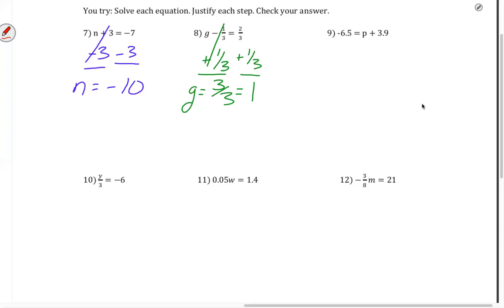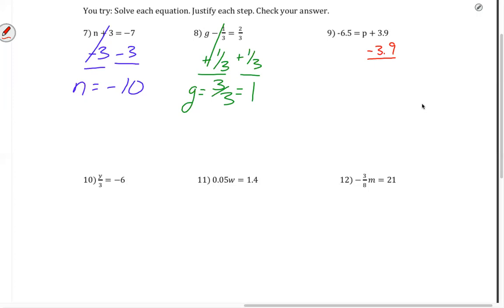Yeah. Nice. Now, what would be really nice is if you could lead me out of this dark spot here in number 9 and tell me how to solve for P. Well, what you want to do is get the positive number and subtract it from one side and add it to the other. So it would be, hold on. I need to do this again. When you said add it to the other side, do you mean I just do -3.9 to both sides, or did you mean I add to both sides?